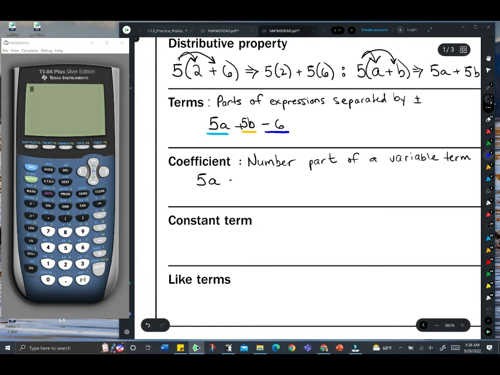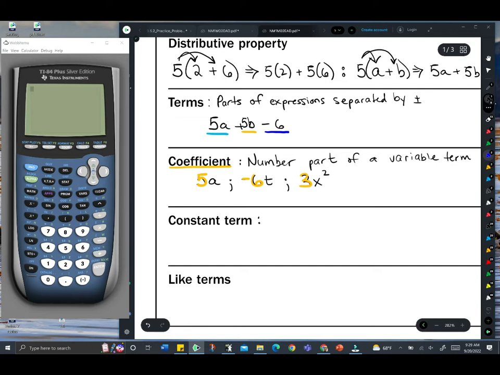So 5a is a variable term. Negative 6t is a variable term. 3x squared, we'll see, is a variable term. And the coefficients are the numbers out front. So the negative 6, the 5, and the 3 are all coefficients.